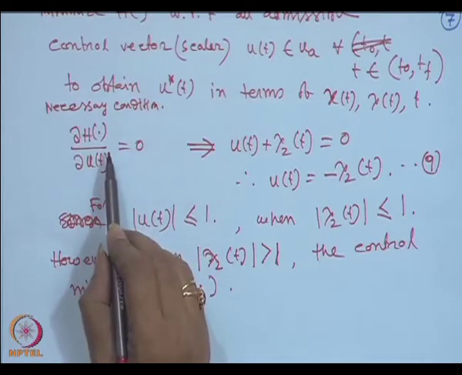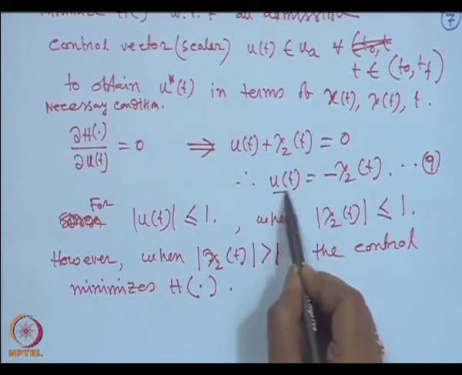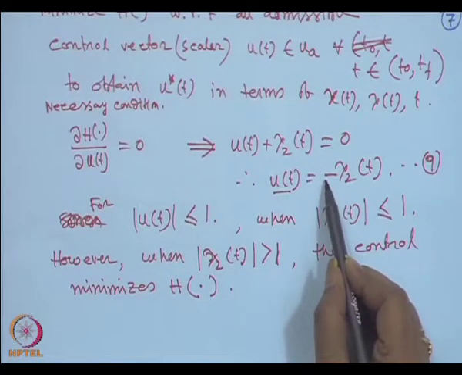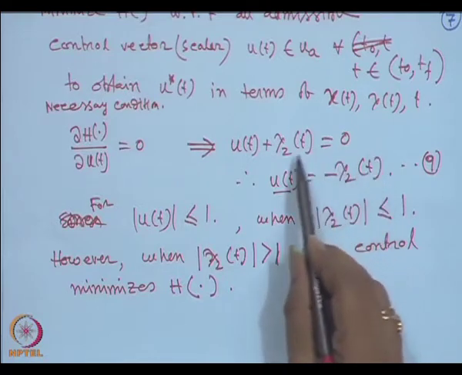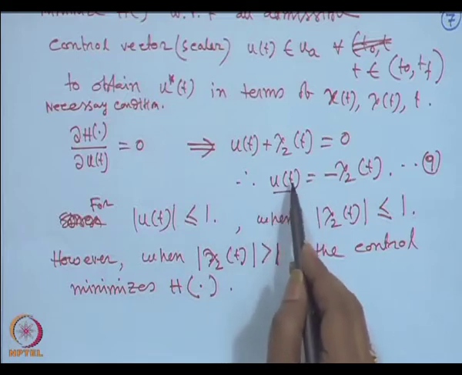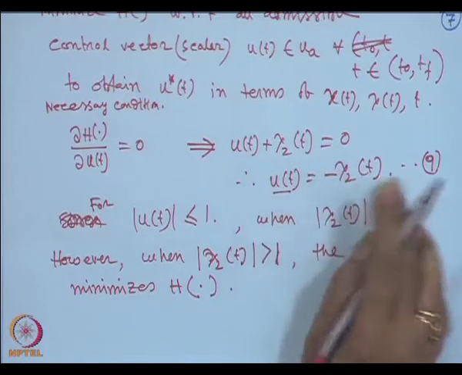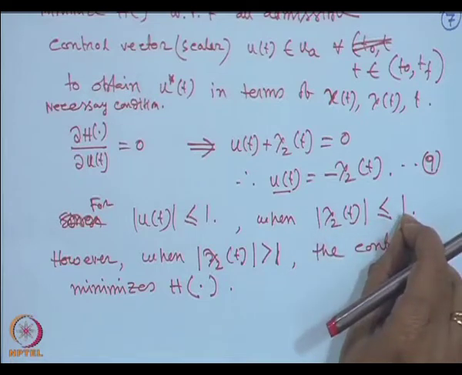Now, you see that we got lambda. So, u of t will be minus lambda of t. In order to make the mod of u less than or equal to 1, the mod of lambda 2 must be less than or equal to 1.